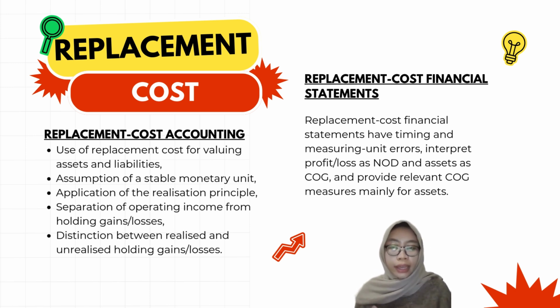While they can be interpreted as net operating distributable income, or NUD, for the profit and loss statement, and current operating cost, or COG, for asset valuation. The relevance of COG measures mainly applies to asset figures, not income statement items.